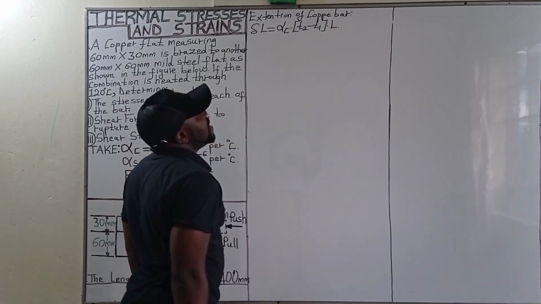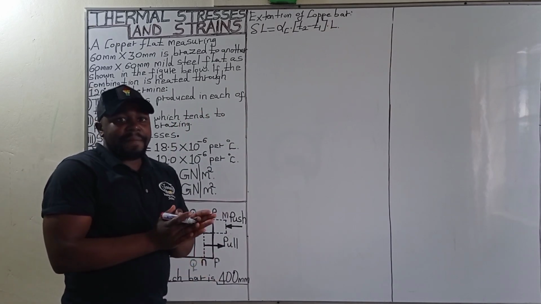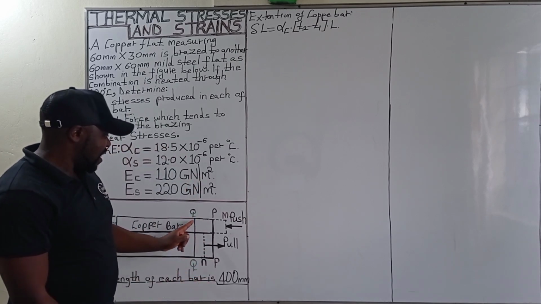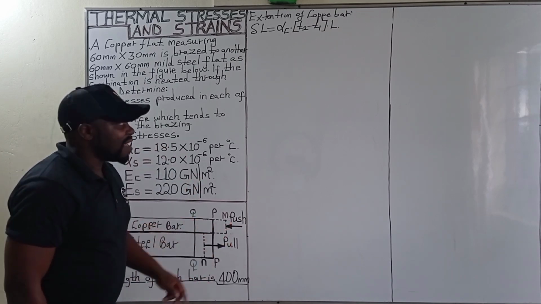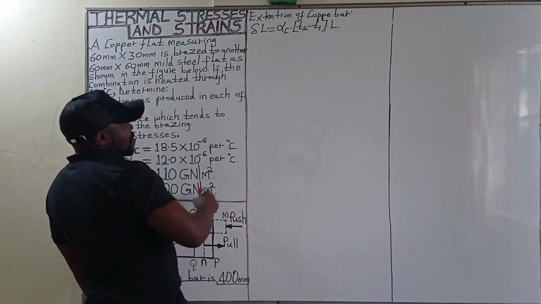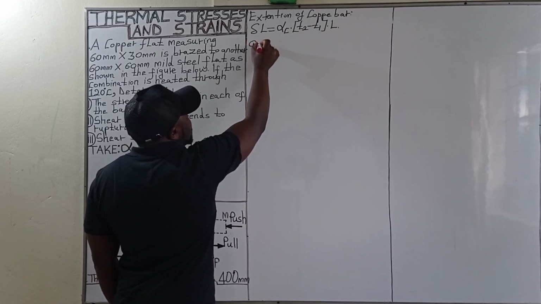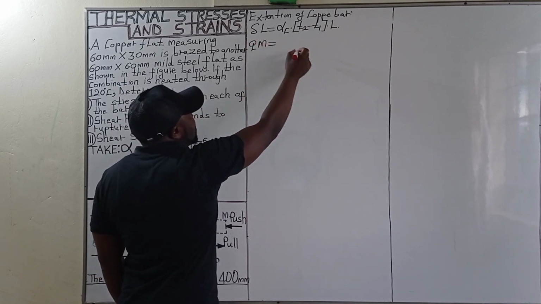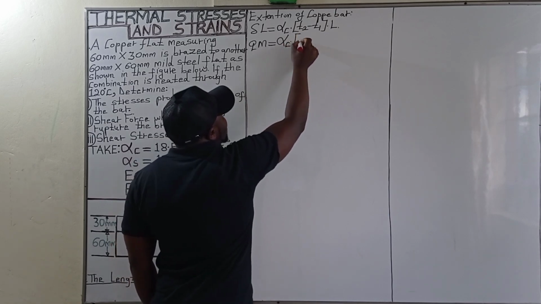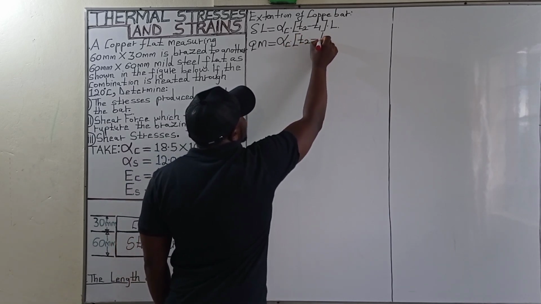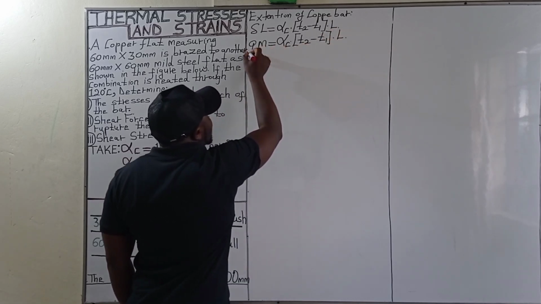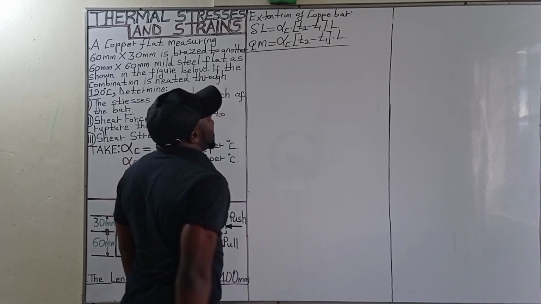This increase in length is the distance from Q to M. Therefore, the extension QM will be given by the coefficient of linear expansion of copper times the change in temperature T2 minus T1 multiplied by the length of the copper bar.